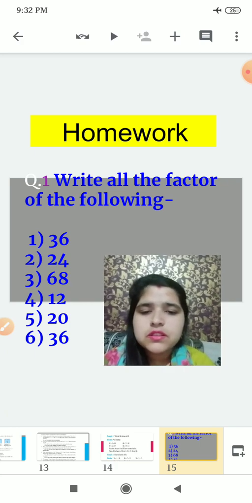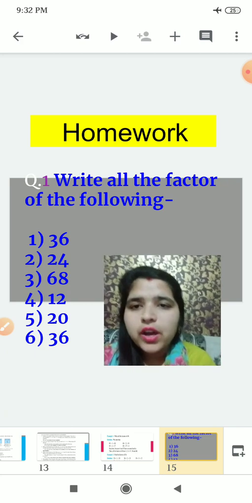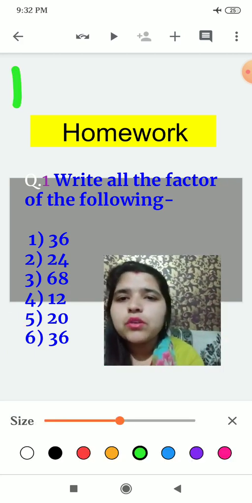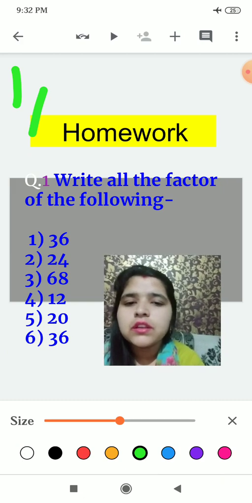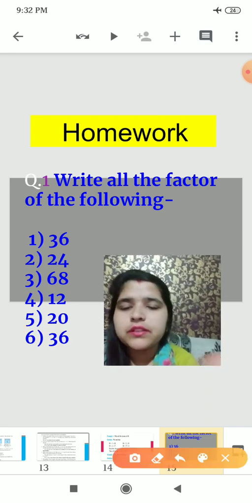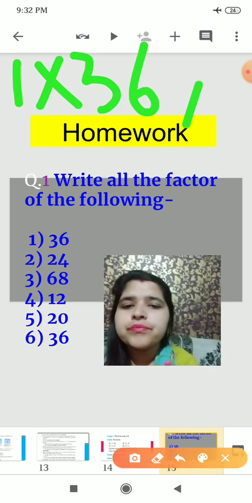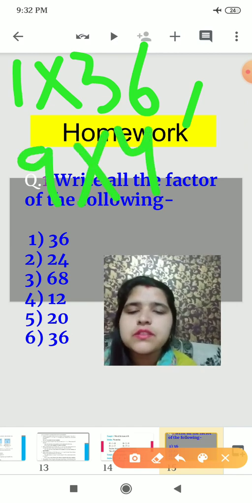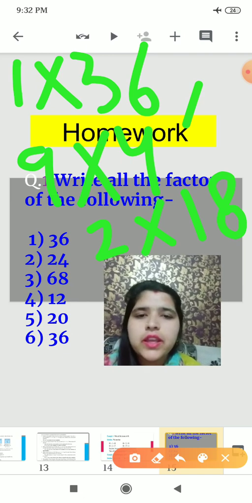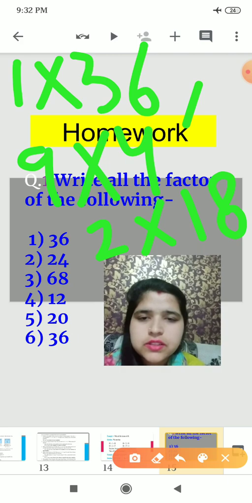See, like 36 is given, so the factors of 36 come in the table of 1. So in the factor form you can easily write it. And you can write like this also. First you make the multiples, that 1 into 36, then 9 4s are 36, then 2 18s are 36, then 4 9s are 36 and 6 6s are 36.